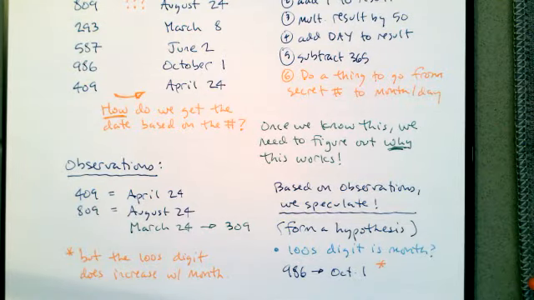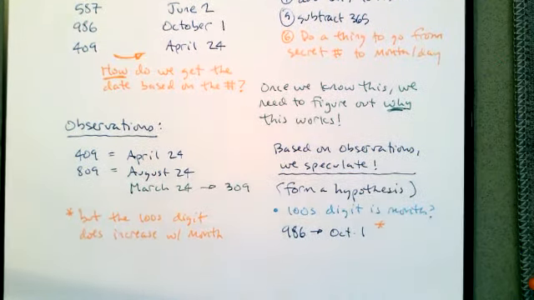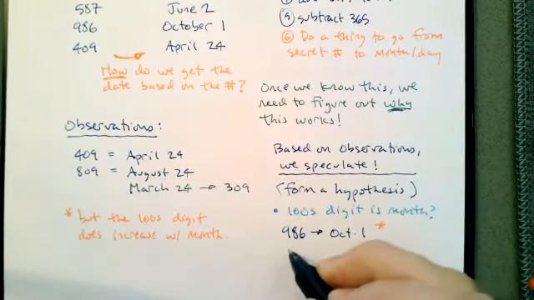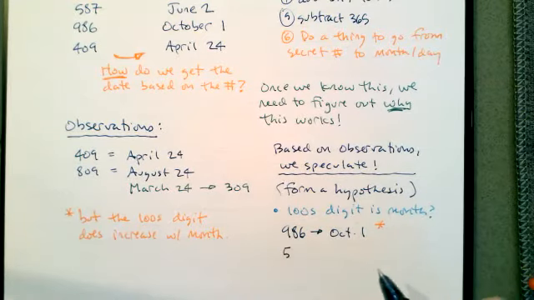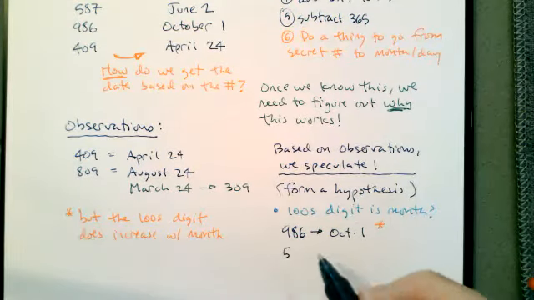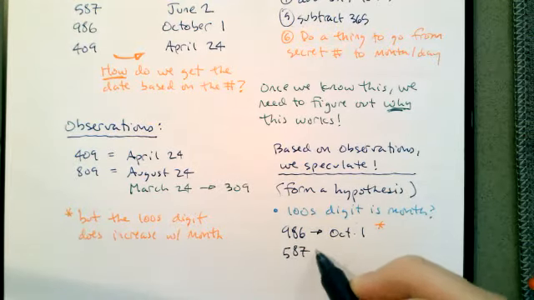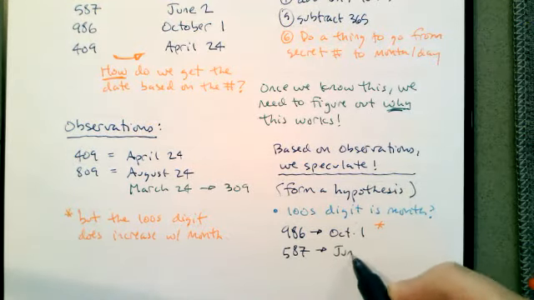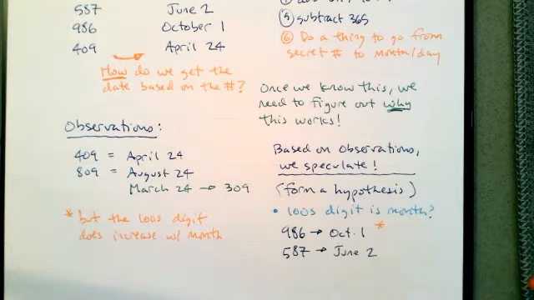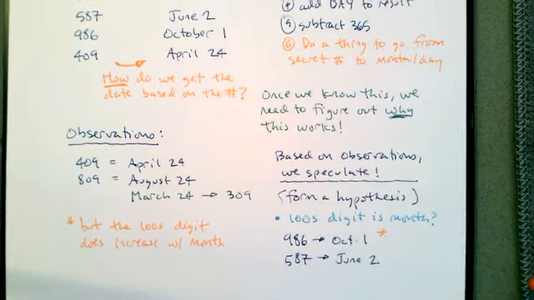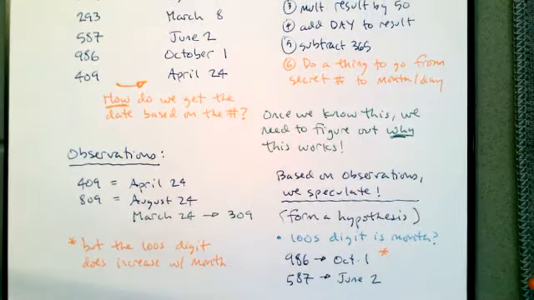Also, 587 gave us June 2nd. So there's another counter to the fact that the hundreds digit is not just the month. Let's see, anything else? 293 gave us March.